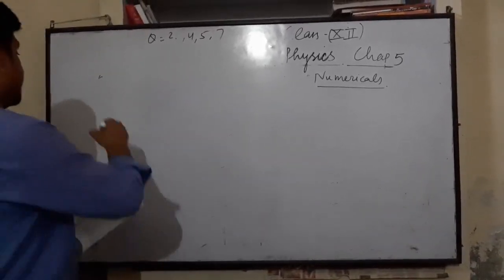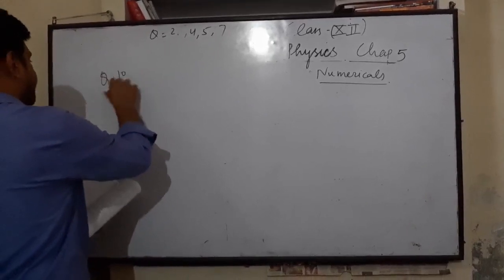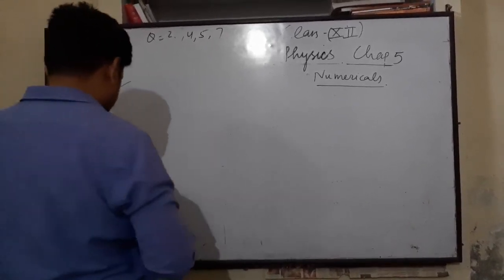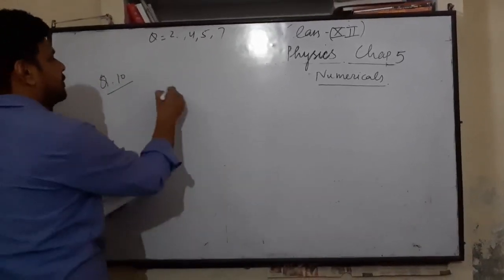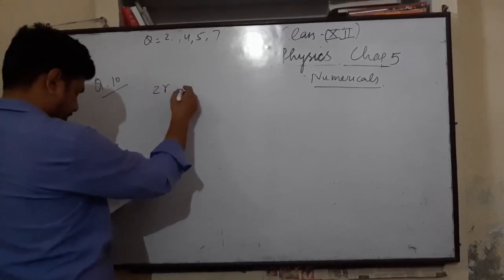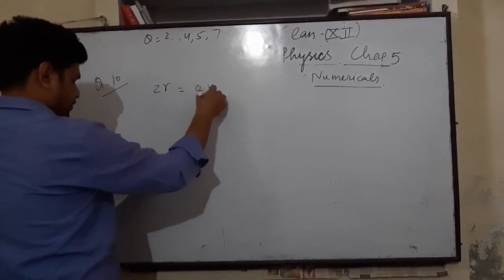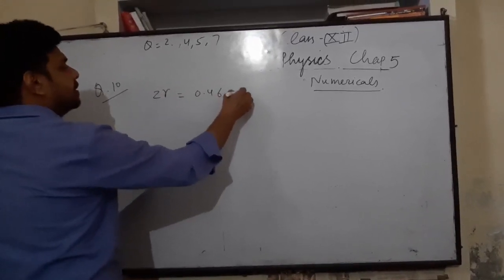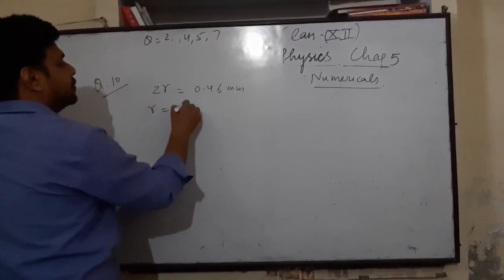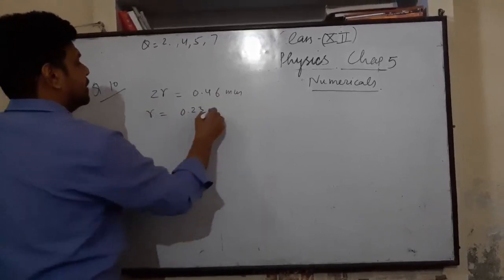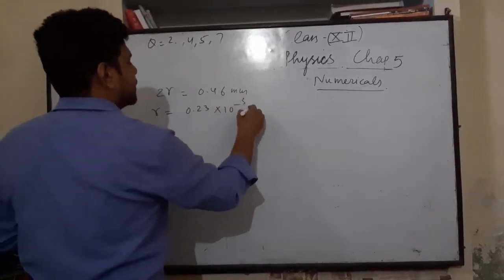Now question number 10. What length of wire of diameter, we have diameter of wire, like radius is R, so diameter is equal to 2R, 0.46 millimeter, or R is equal to 0.23 into 10 to the power minus 3 meter.